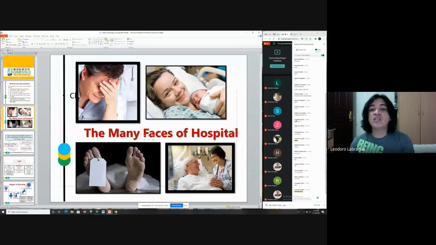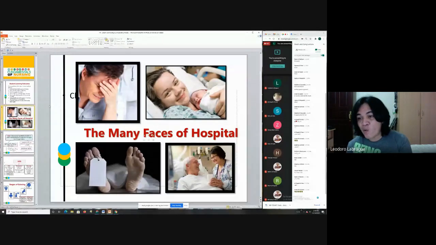From the moment the child is born, if you are assigned in delivery room, it's a joyous moment. However, in most instances, the hospital is filled with sad moments. Why? It is where you can see sick people. And most importantly, you will surely see dying people.